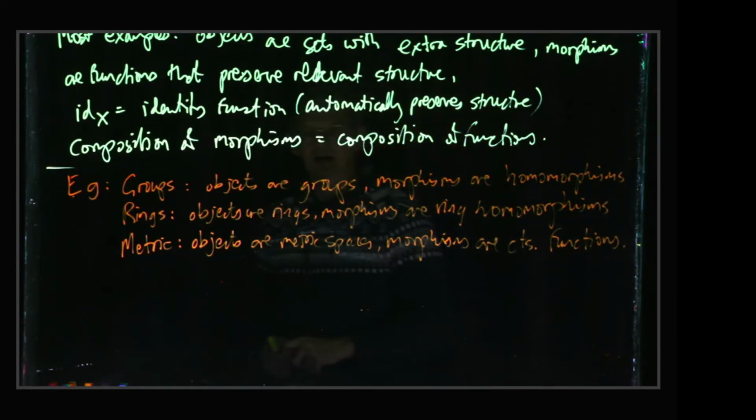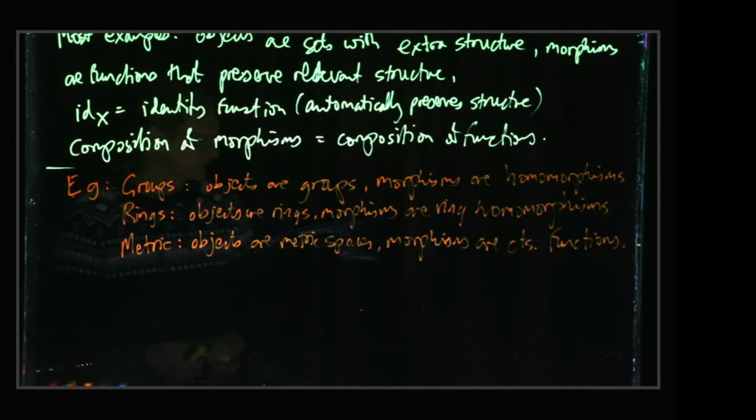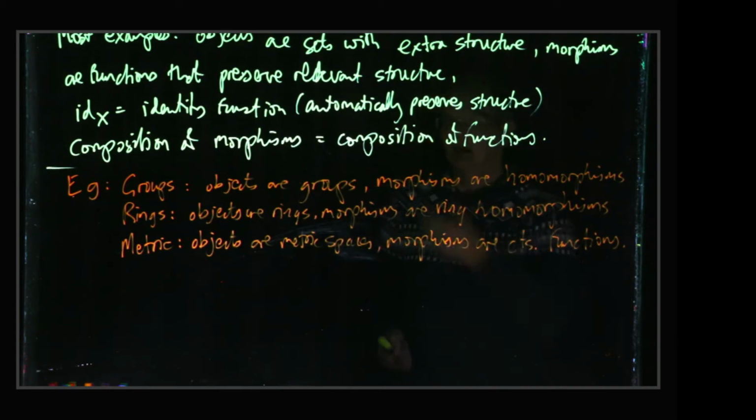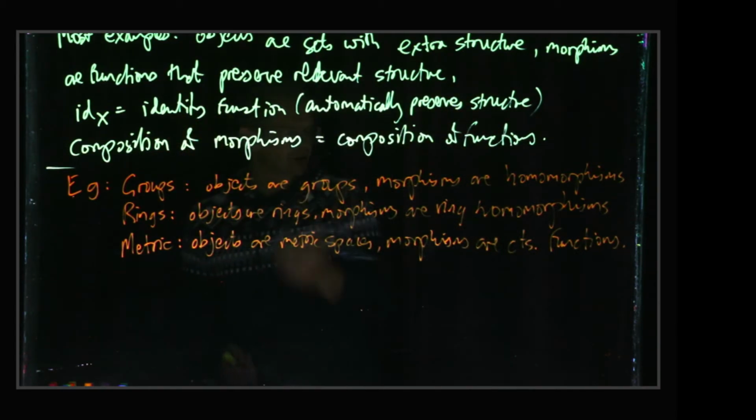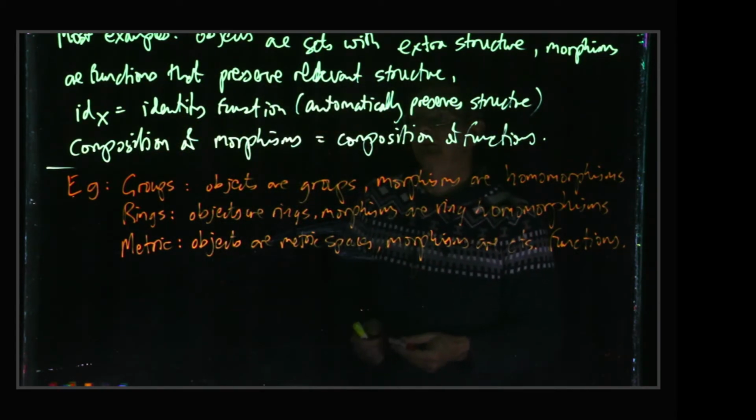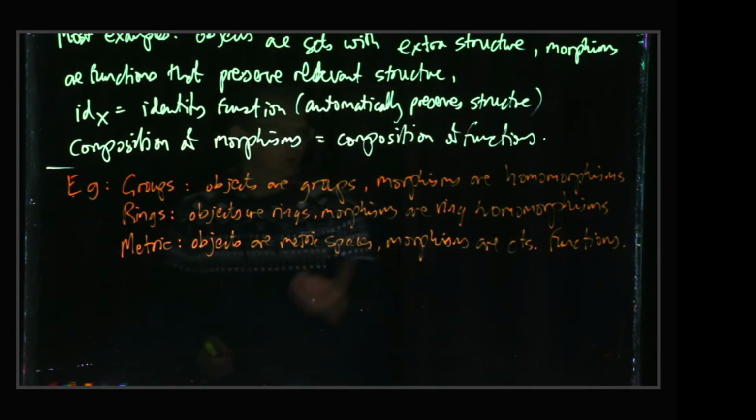So morphisms from x to y are just continuous functions from x to y. Okay, and again, so identity functions continuous. The composition of two composable continuous functions is again a continuous function. So that gives us a category.